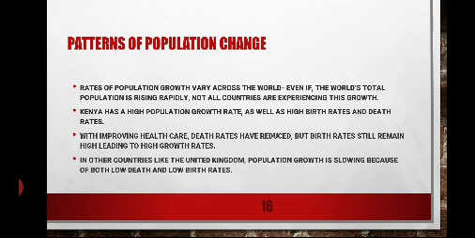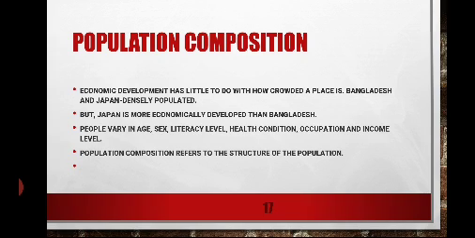It will lead to a high growth rate. Clear? And I told you the formula for the natural growth rate. This is the difference between the birth rate and the death rate. In other countries like the United Kingdom, population growth is slowing because both low death and low birth rates are taking place there.